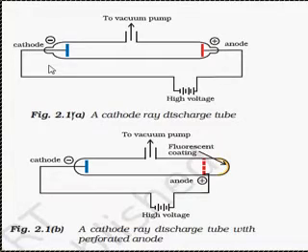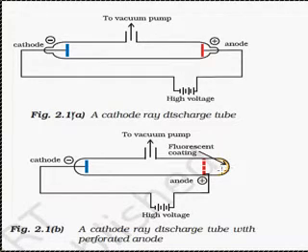The flow of current from cathode to anode was further checked by making holes in the anode and coating the tube behind the anode with a phosphorescent, that is also known as fluorescent, coating material like zinc sulfide.